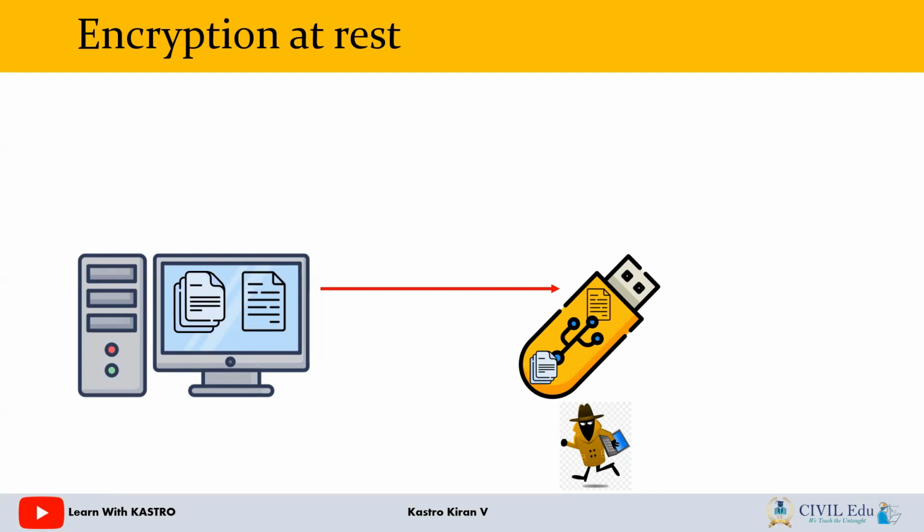So in this case, what you can do is use a concept called encryption. Whatever data is available in your laptop, you are going to encrypt into a non-understandable language, where the data gets converted into alphanumeric characters.